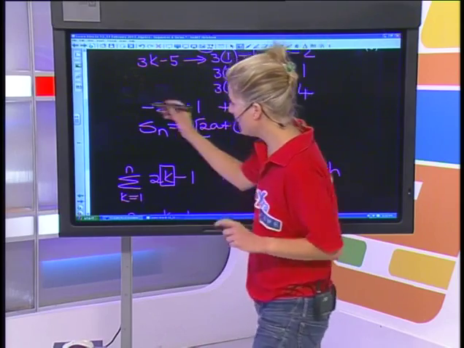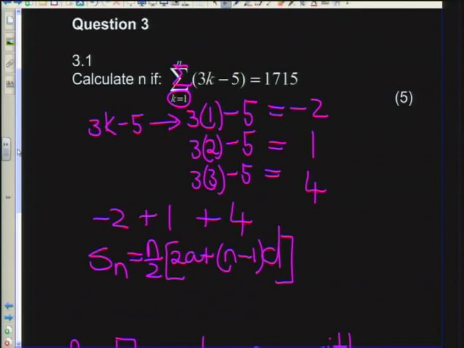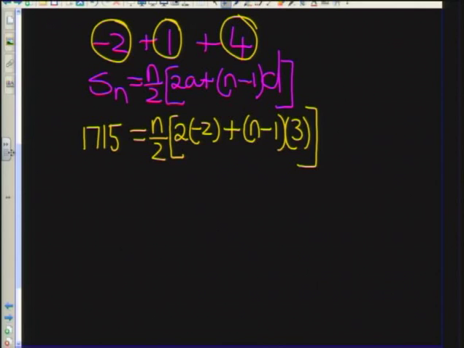So think about that. Let's just go back to the question one more time. The question wants to know how many do I have to add together to get an answer of 1715. So in the place of Sn, you're going to put 1715, because I want to know how many terms must be added together before my answer is 1715.